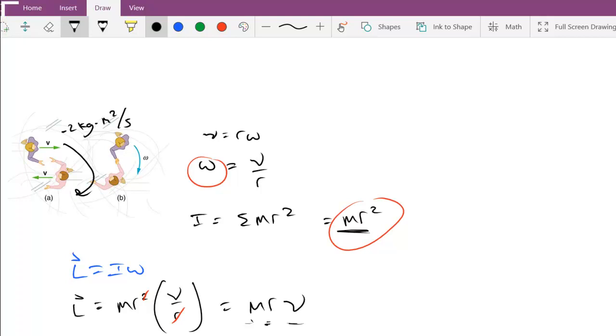And then let's say the other person, with a different mass, has an angular momentum of -4 kilogram meters squared per second.